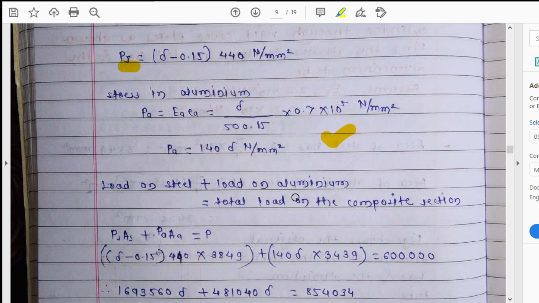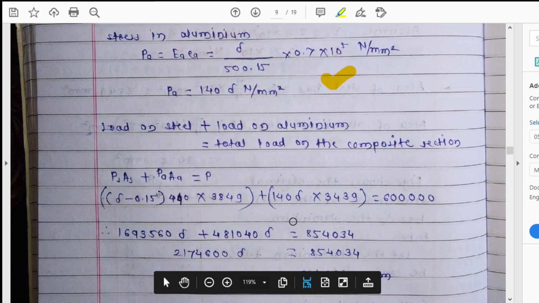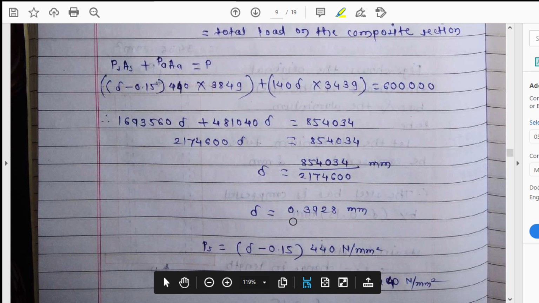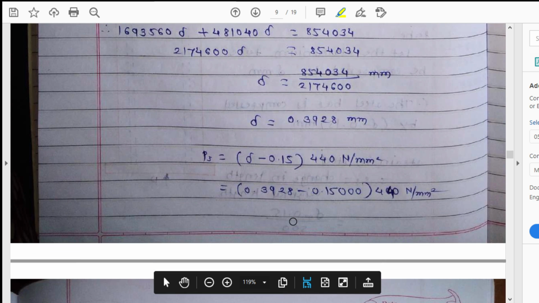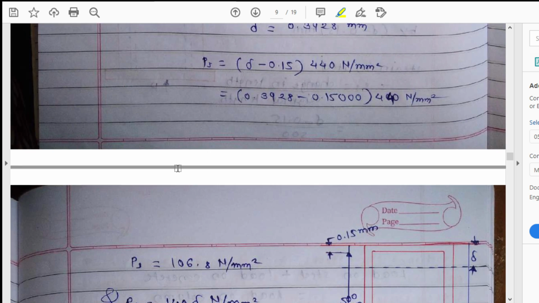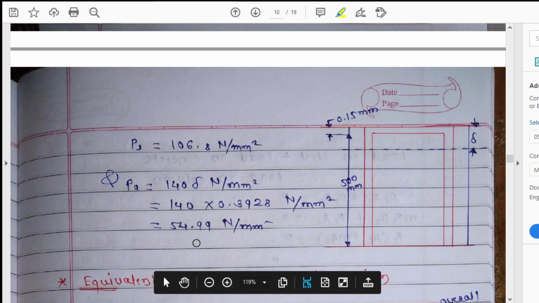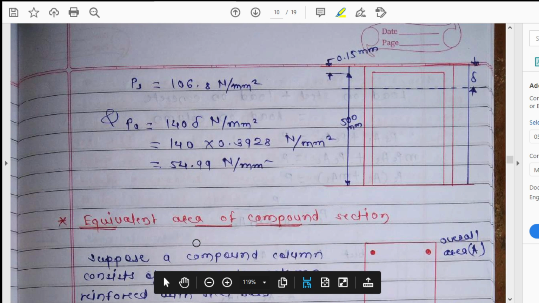Up next, the load on steel plus load on aluminium will be equal to the total load on the composite section. By putting all the required quantities, you will get the value of delta as 0.3928 mm, and by using the value of delta, you will get the stress in steel as 106.8 newtons per mm square, and the stress in aluminium as 54.99 newtons per mm square.